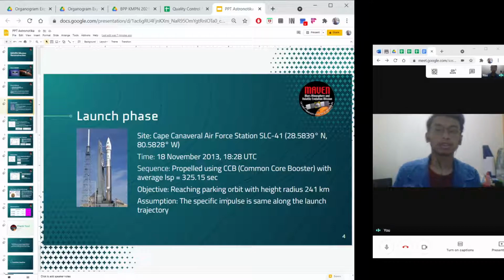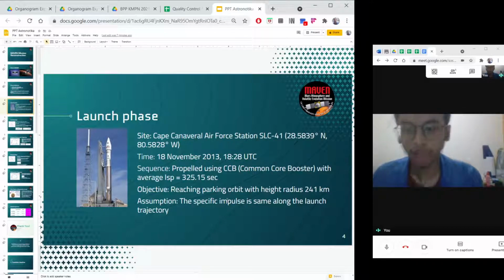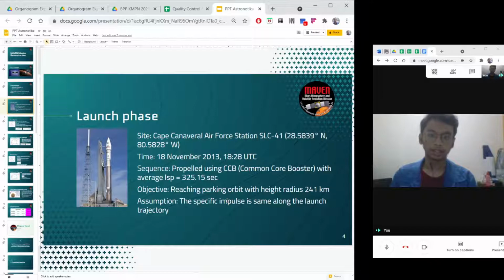Let's look at the launching. MAVEN was launched at Cape Canaveral Air Force Station on November 18, 2013 at 1828 UTC. It was propelled using the Common Core Booster carried by an Atlas V rocket, which has a specific impulse of 325.15 seconds.